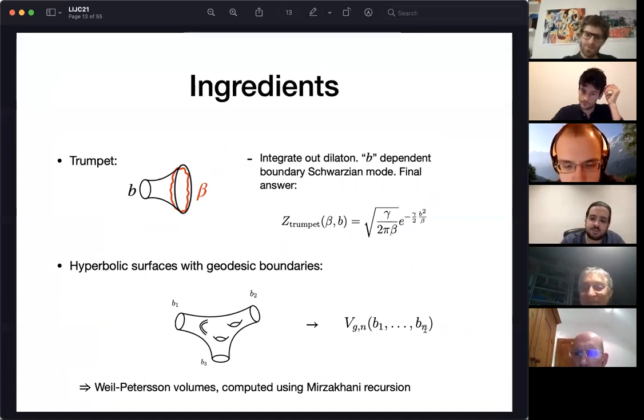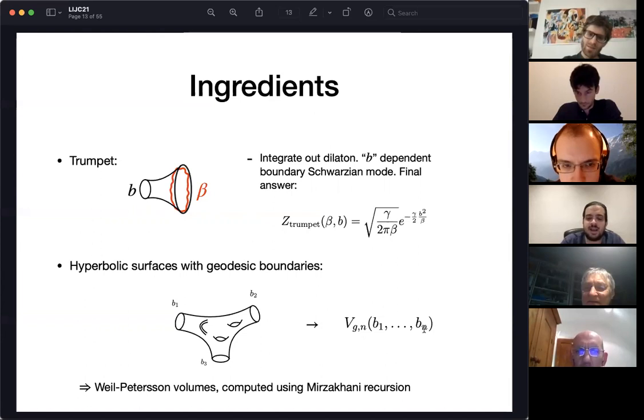So you can construct this object with those techniques. What was the achievement of Mirzakhani? She really gave practical recursion relations to compute them, was it not? Was it known how to compute these intersection numbers?